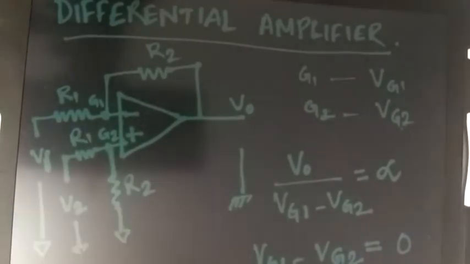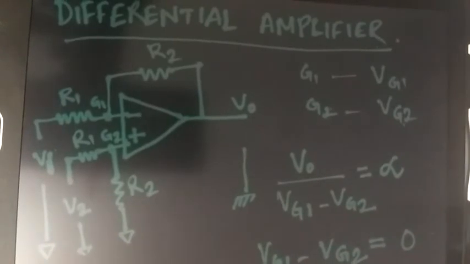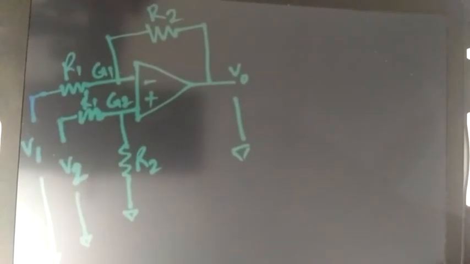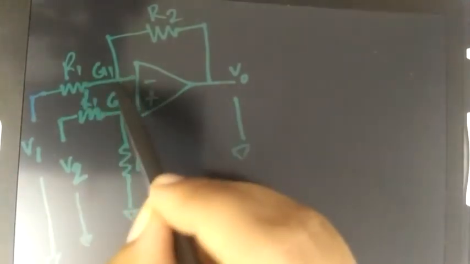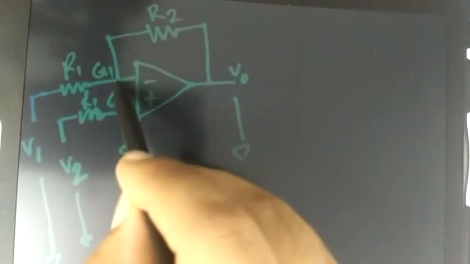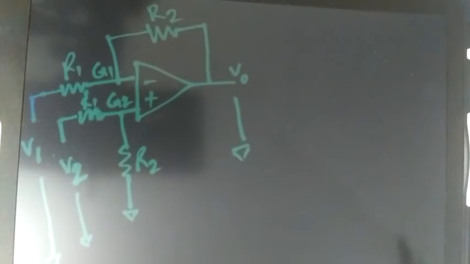Let me move to the next page and draw that figure once again so that it's easier for you all to understand. I have redrawn the figure, and we have just seen that the potentials at points G1 and G2 are the same, from the concept of the op-amp having infinite gain.